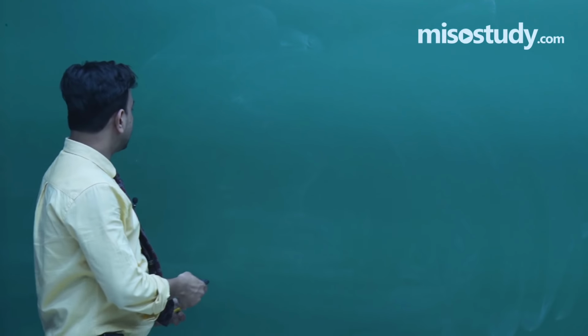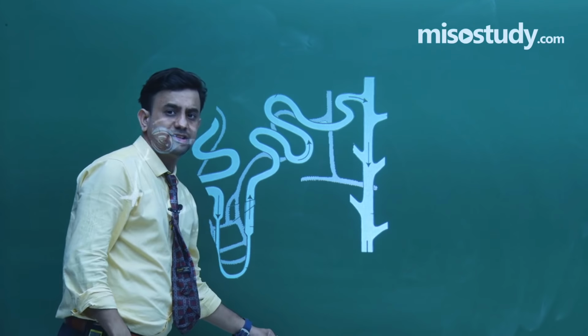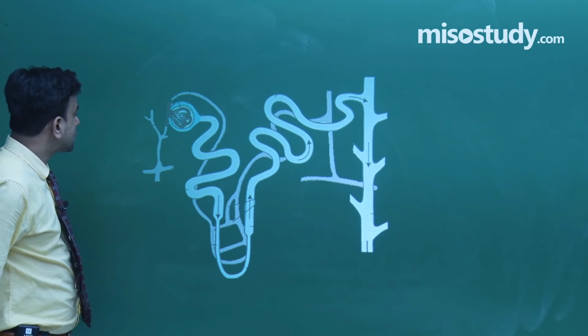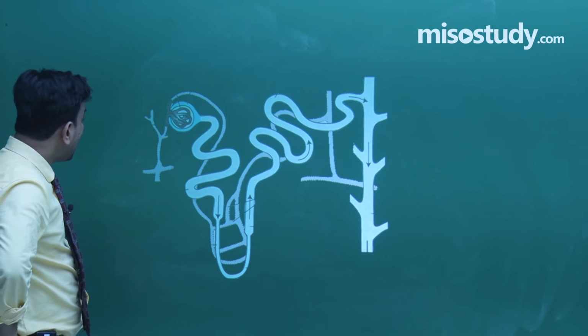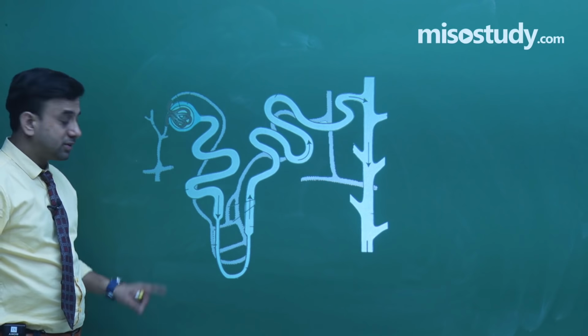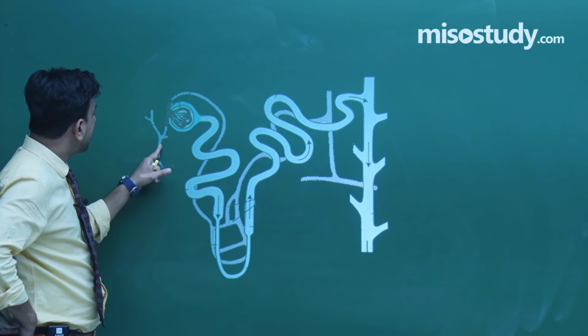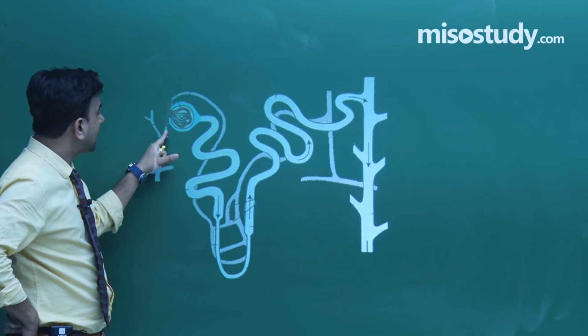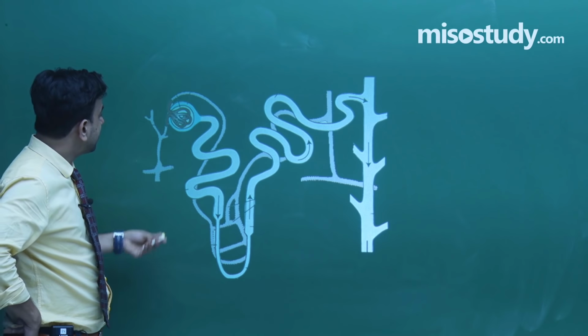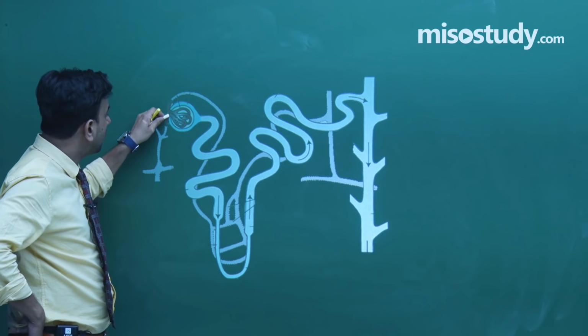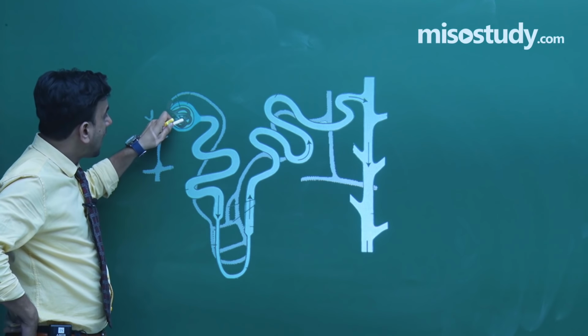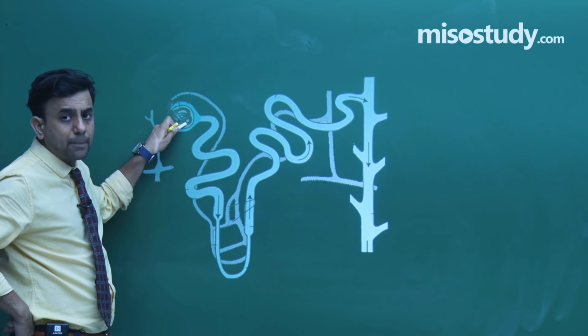Yes, absolutely. This is the structure we are going to do again. As I told you, this is the renal artery. The renal artery goes further and divides into renal arterioles, and this is the afferent arteriole, which loops, and this loop is called the glomerular capillaries.